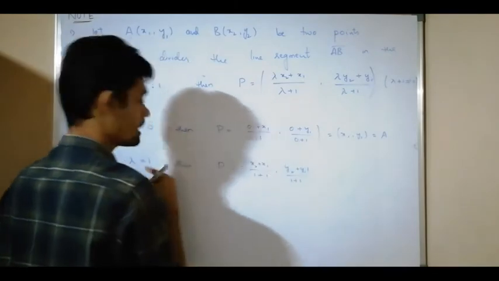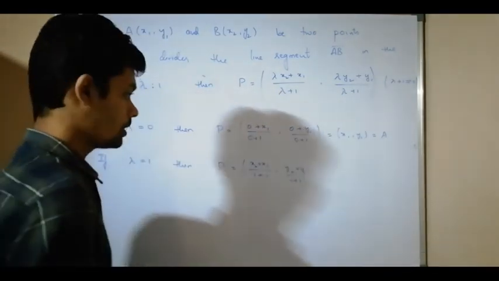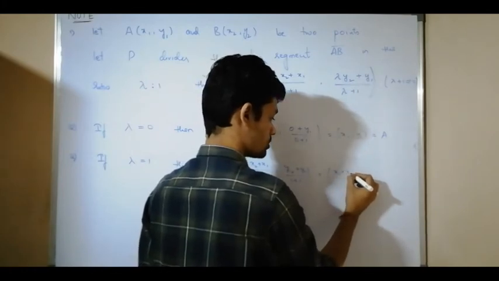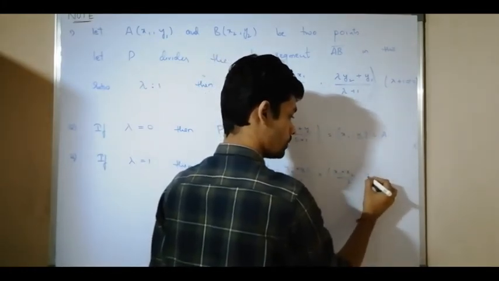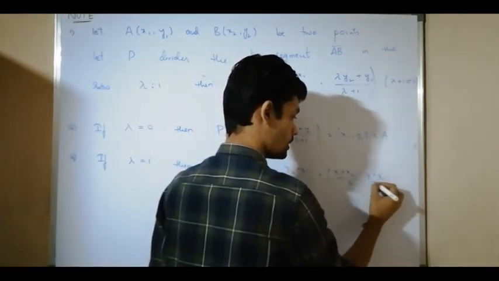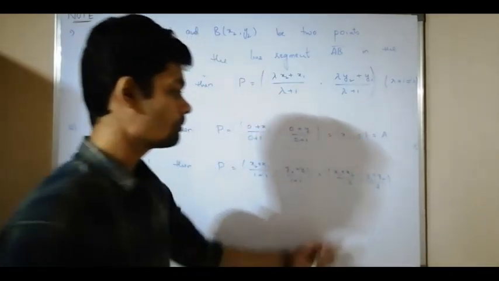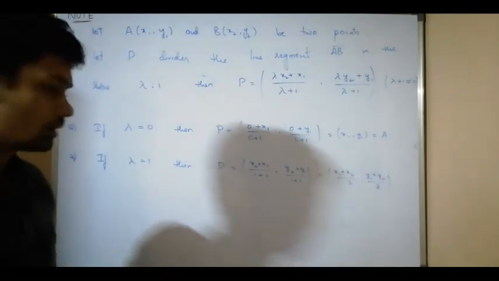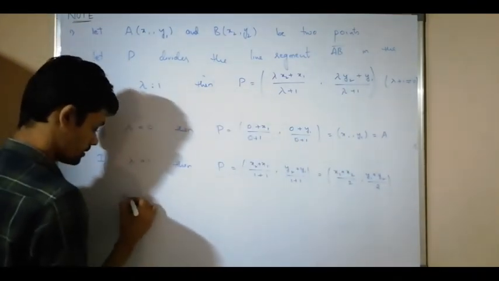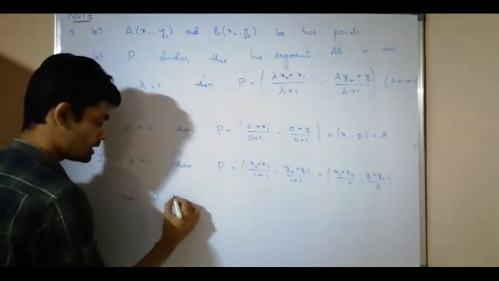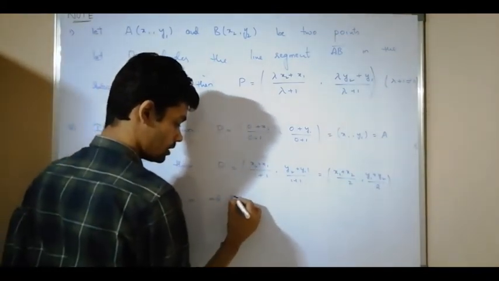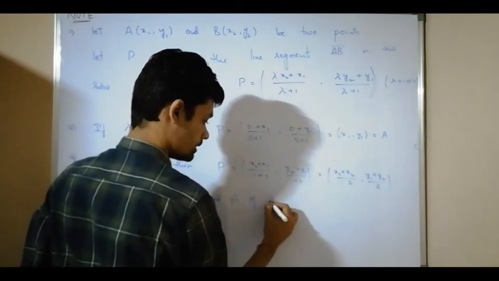Just substituting the lambda value here, what you will get? (x1 plus x2) by 2, comma, (y1 plus y2) by 2. This is nothing but the midpoint of AB. Then P is the midpoint of the line segment AB.